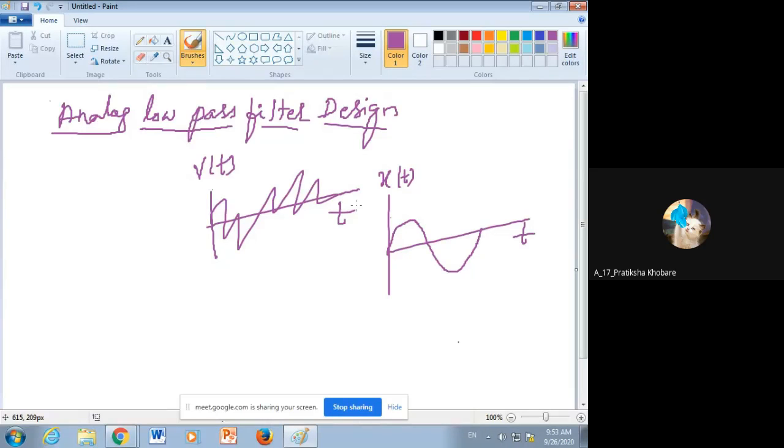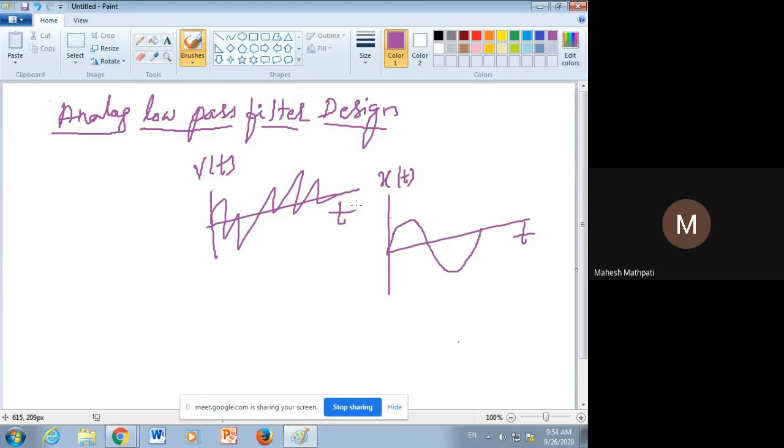X of t is analog. Why? Why not v of t? So based on your answer, I have written that analog signal is continuous signal.